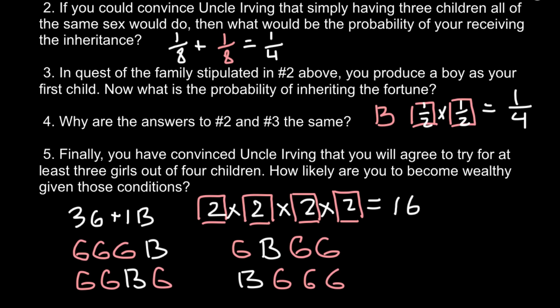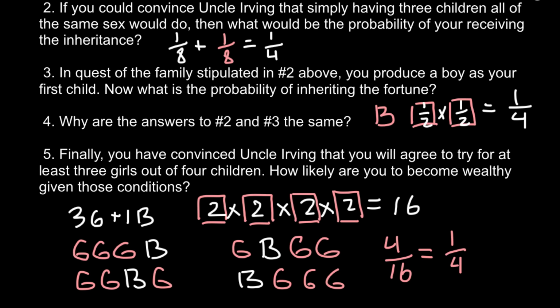So the total number of variants having 1 boy and 3 girls would be 4 out of the total number of variants, which is 16. So 4 out of 16, which equals 1 out of 4, or 25%.